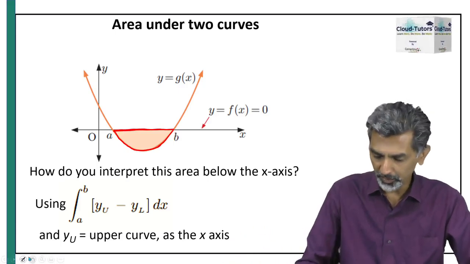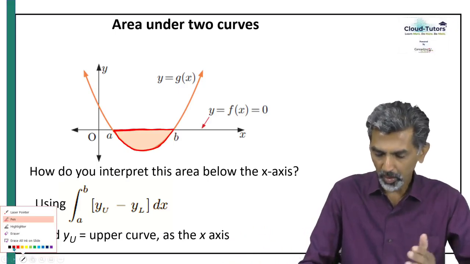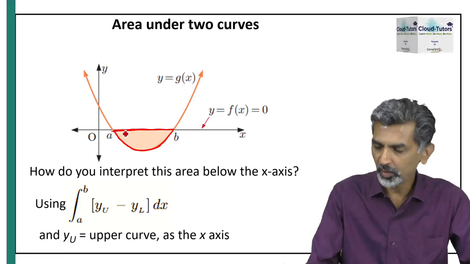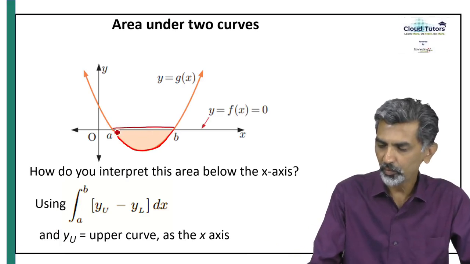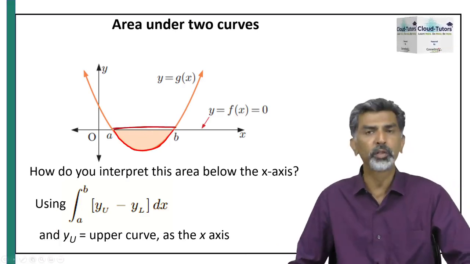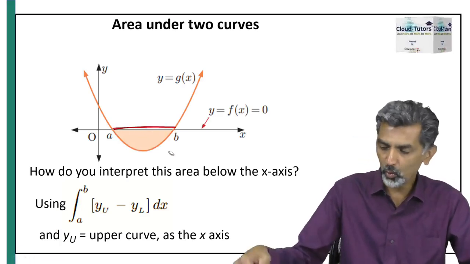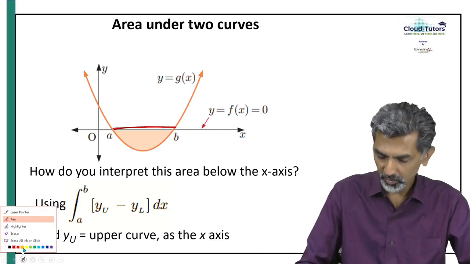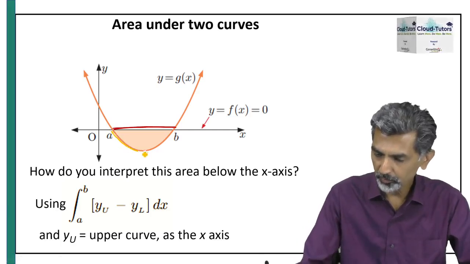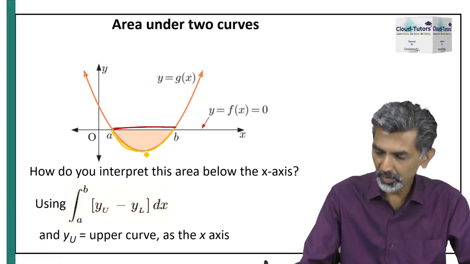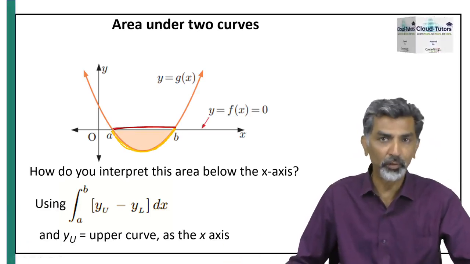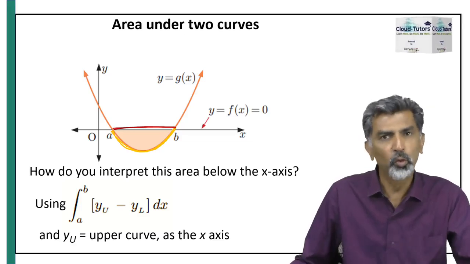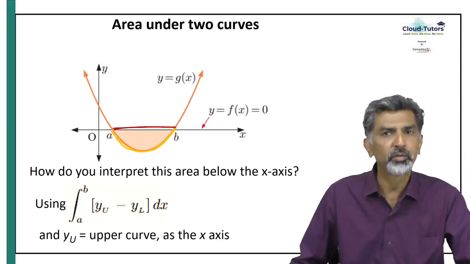Now the upper boundary of this region, I will draw in a slightly different color, is that line. That is the upper boundary of the region, and the lower boundary of the region is here in yellow. So you can see that the upper boundary is the x-axis in this case, and the lower boundary is the function g of x.